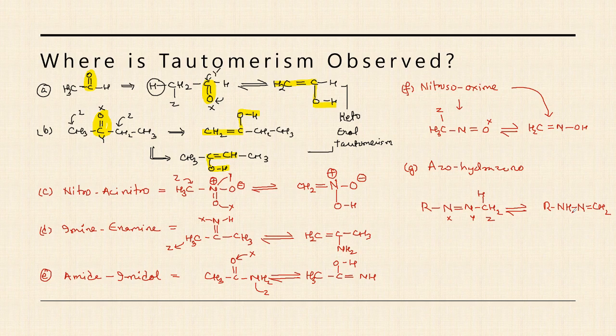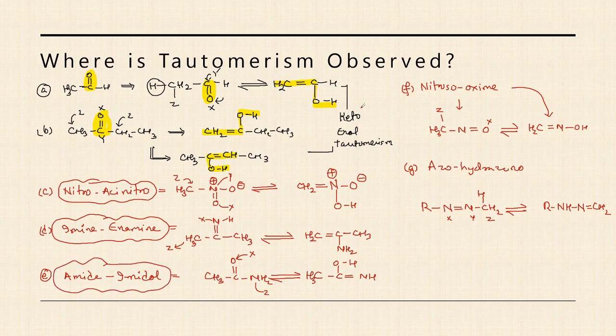So there are 1, 2, 3, 4, 5, 6 categories of tautomerism. Remember that books do not give all these categories. All of these categories are not mentioned in books. Books will only mention keto-enol, nitroso-oxime, azo-hydrazono.